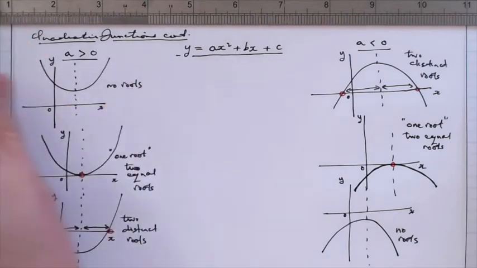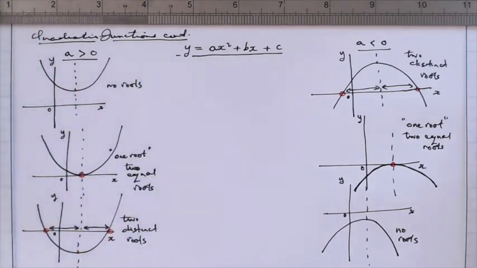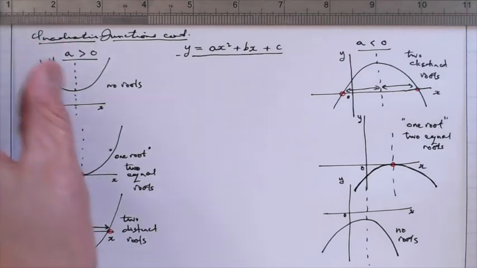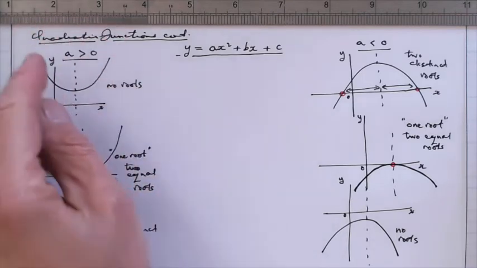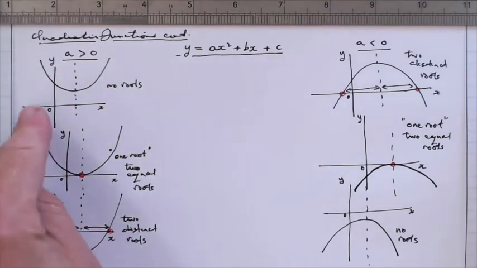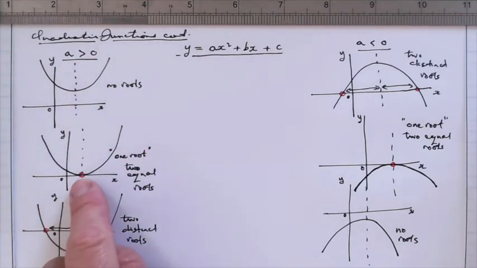They might be on the left-hand side of the y-axis, but the key point really for us in terms of roots is that if a is positive, it's a U-shaped curve that's either above the x-axis, below the x-axis having two roots, or just touching the x-axis having two equal roots or one root.